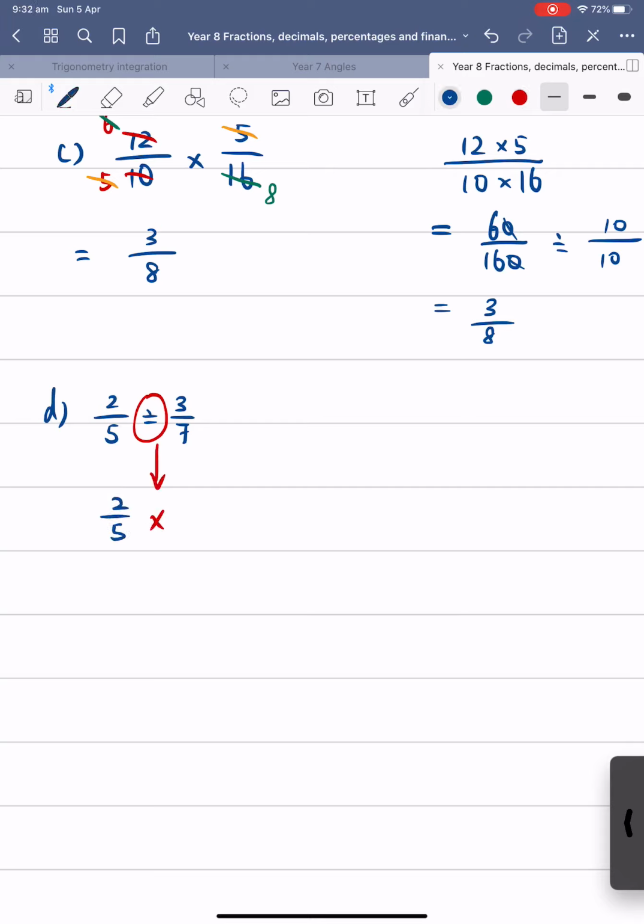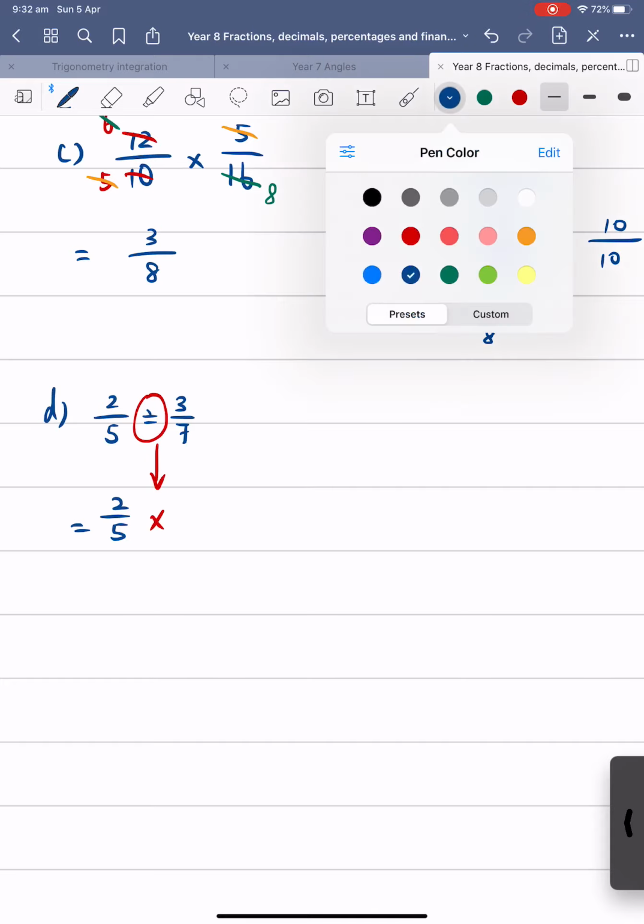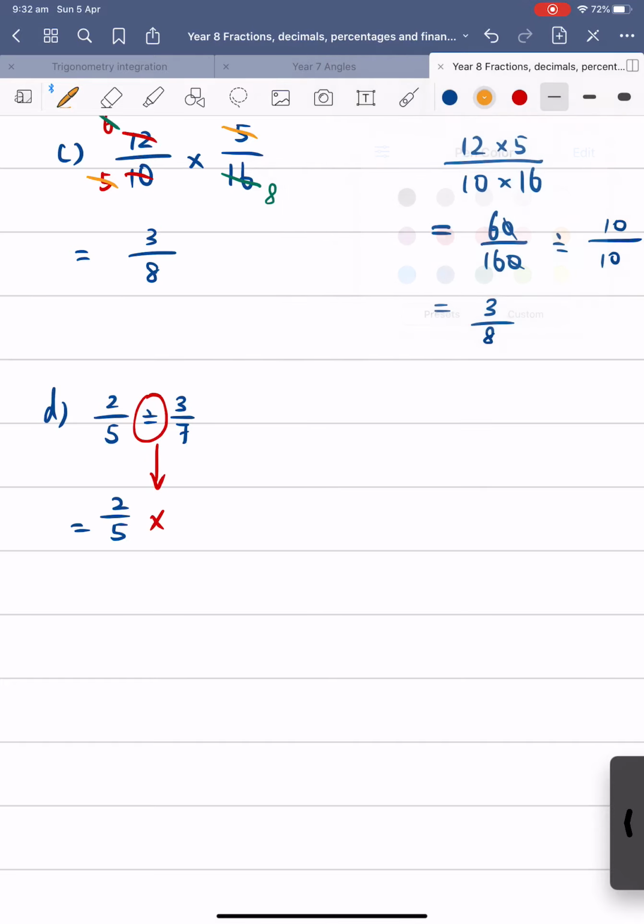So that will be 2 over 5, now we change the division to multiplication, and then we switch the numerator and denominator for the second fraction. So that gives us 7 over 3. Once you change that into 7 over 3, it's multiplication, so the same method applies. We multiply the numerators to get 14, we multiply the denominators to get 15. And that's all. You simplify the fraction.